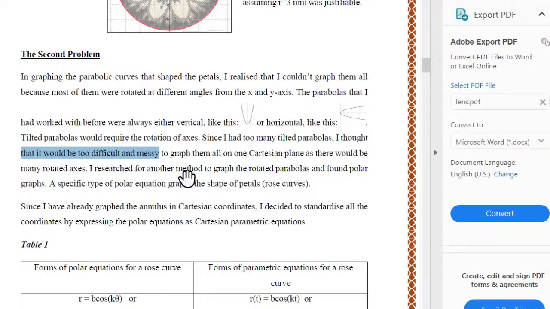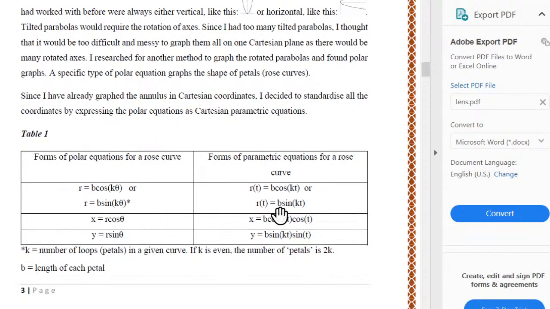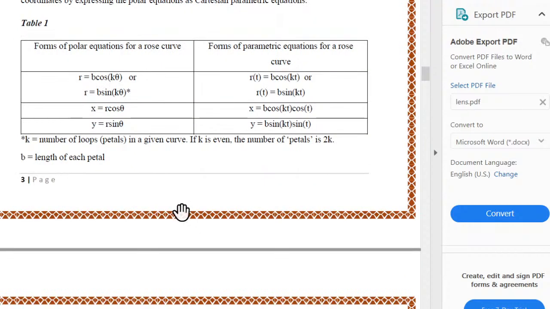I can't draw them myself, but they're pretty. So you can graph them on your own and see how they look. Standardized coordinates for expressing polar equations. Okay, so it's converting between these. Again, these are from text. So maybe we'll see some additional understanding like this.